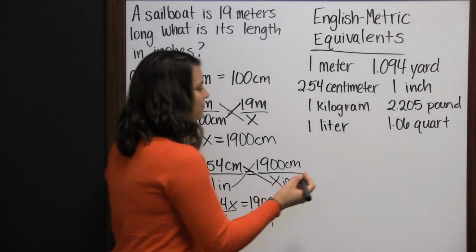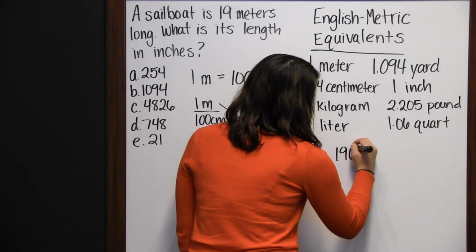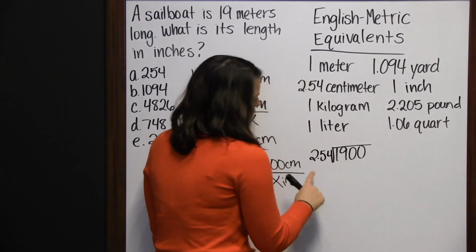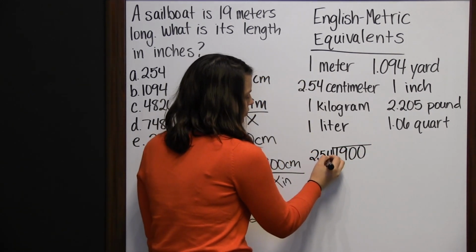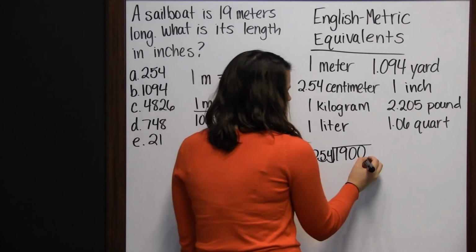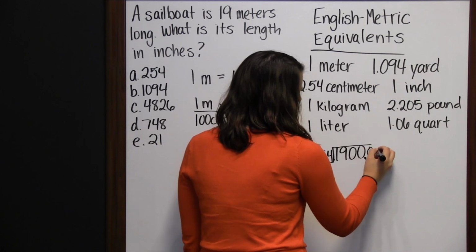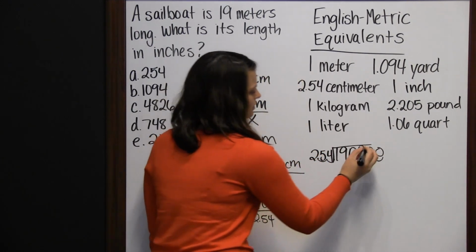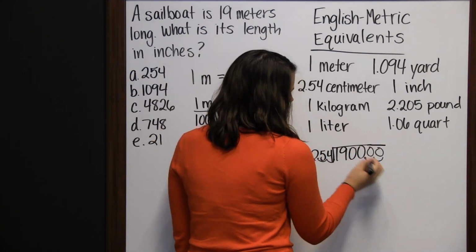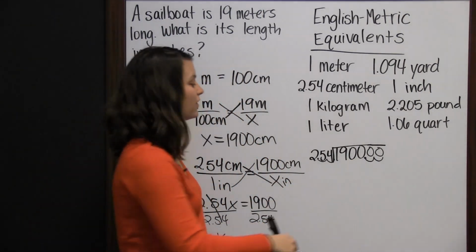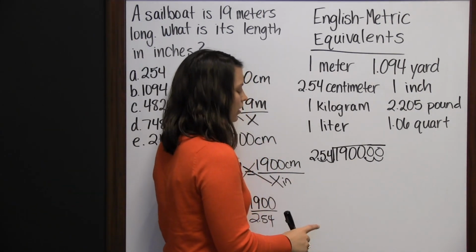So we need to do some division, which means I have to move this decimal 2 places to the right. So I take 1900 and move the decimal 2 places, which means adding 2 zeros. So now my number is 190,000 being divided by 254.